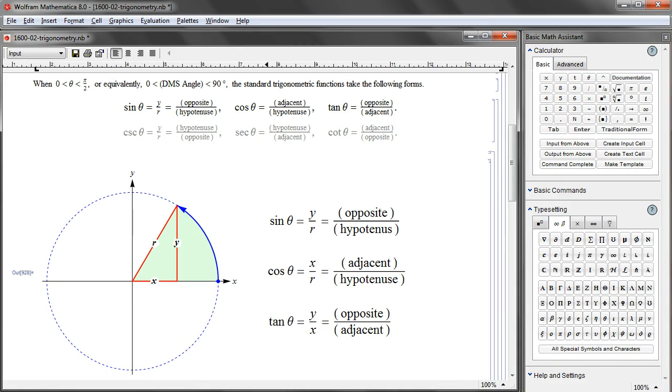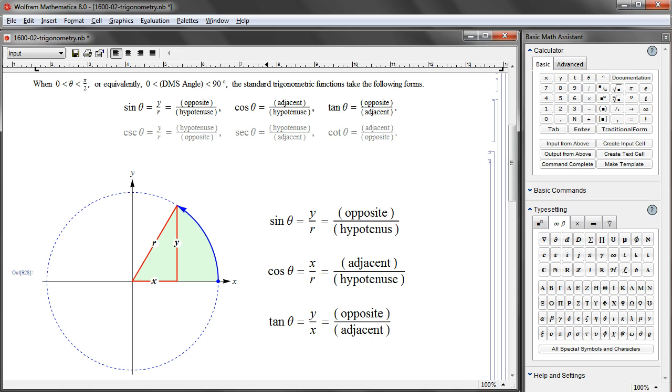R is the radius of the circle, but in terms of this triangle, which is highlighted in red, that's its hypotenuse. And the trigonometric ratios, sine, cosine, and tangent, are defined like this. Sine of theta is opposite over hypotenuse, y over r. Cosine of theta is adjacent over hypotenuse, x over r.